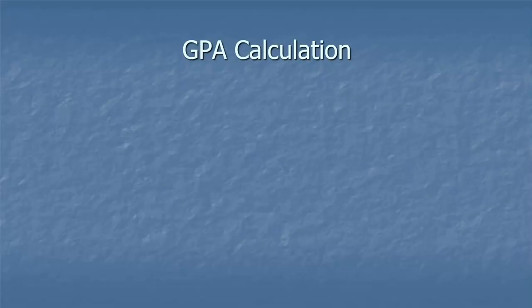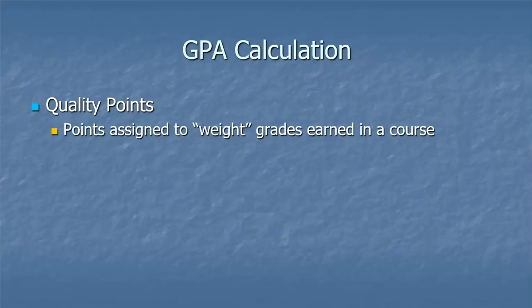Now let's talk about GPA calculation. A little bit different math here. GPAs are calculated using what's known as quality points. These are points that are assigned to weight the grades earned in a course.